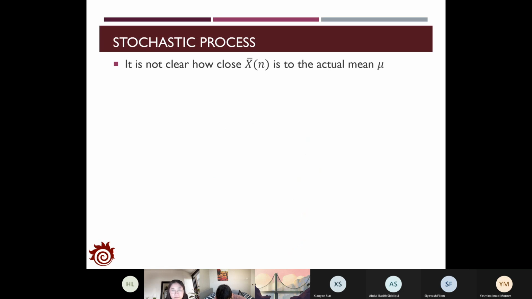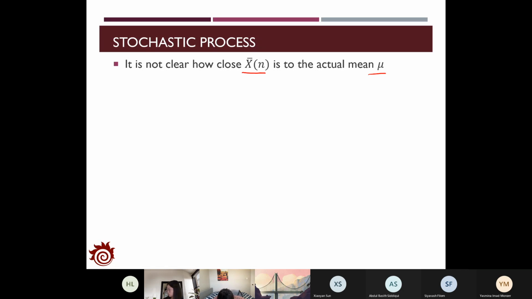But for the stochastic process, we have one thing that is not clear. It's about how much difference there is between the estimated value and the actual value, because we only have n samples taken from the distribution we defined. We don't know the actual mean.